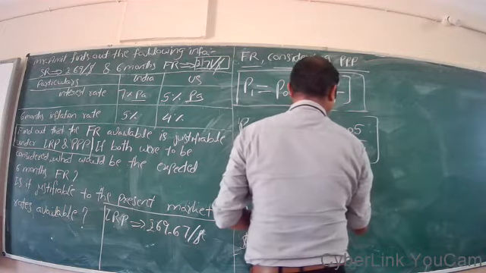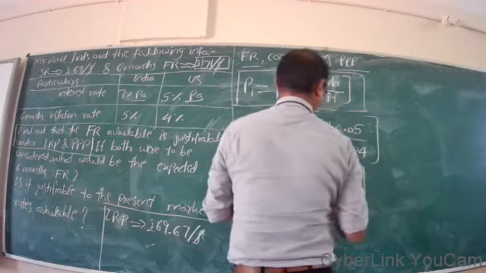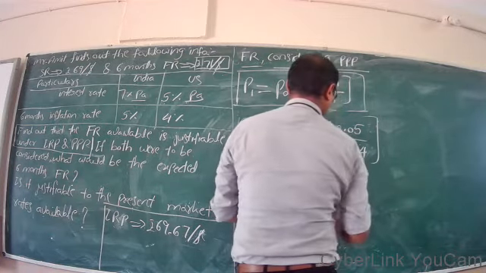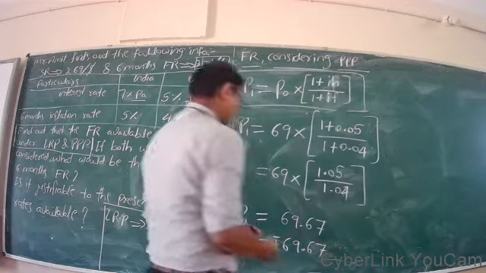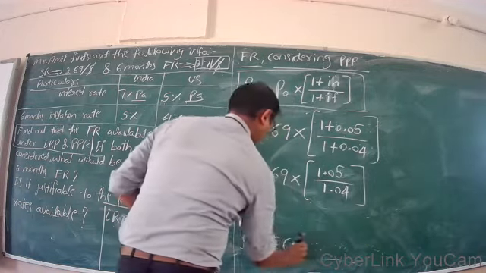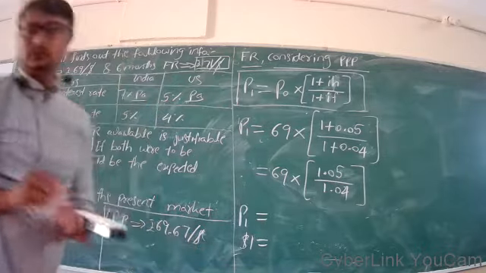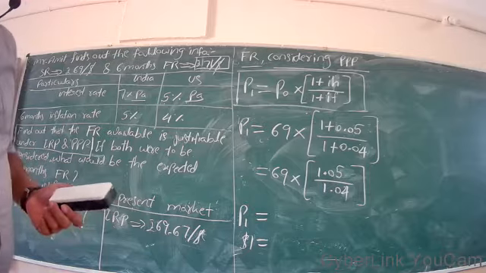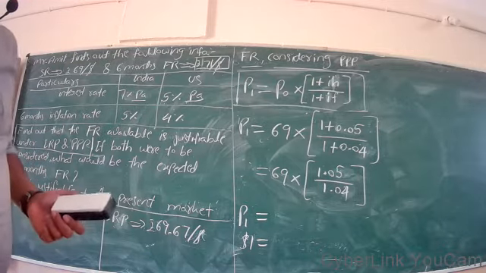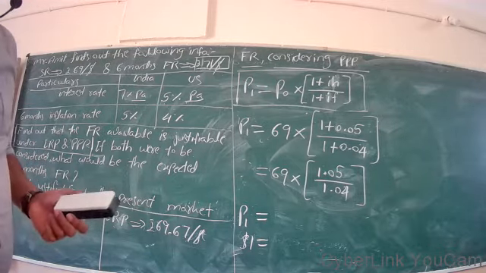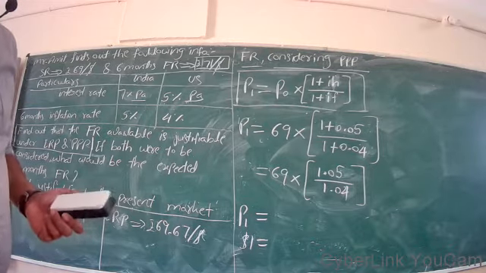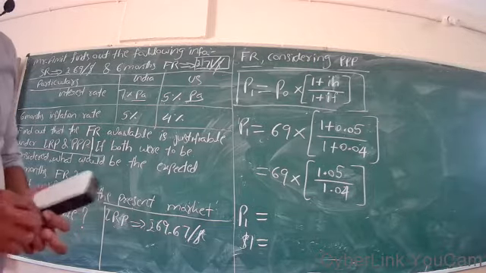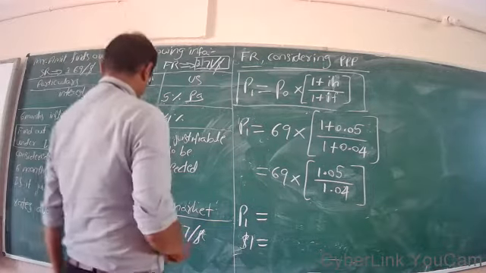So 1.05 divided by 1.04. That gives 69.66.